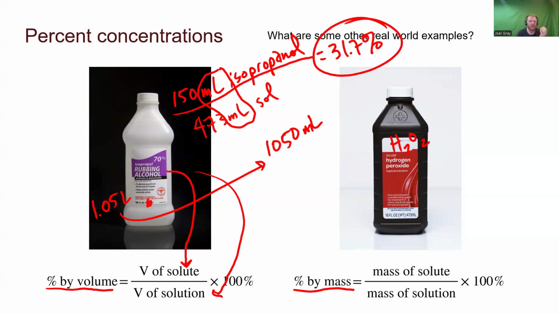If anyone's ever heard of Everclear, it's a liquor that I think is 180 proof. If you've ever seen a liquor bottle mention proof, that has to do with the alcohol content. Proof is measured on a scale out of 200 total, so divide 180 by 200 and you get 90%.